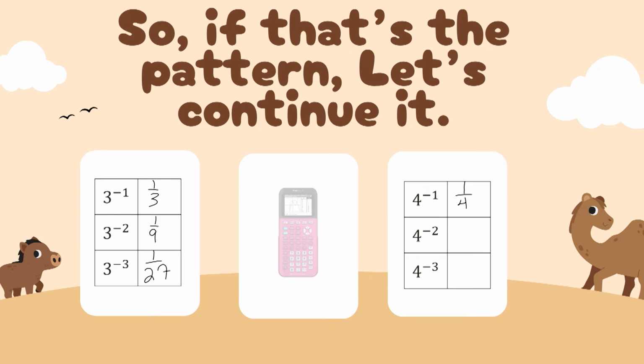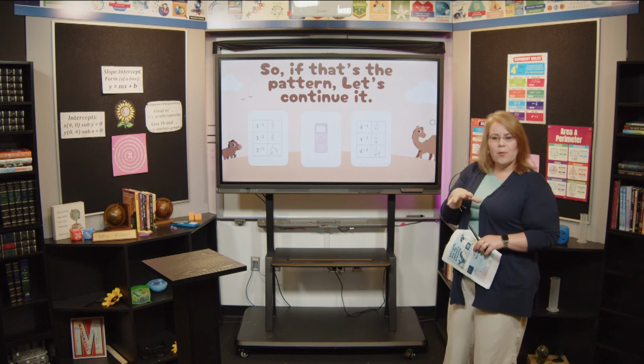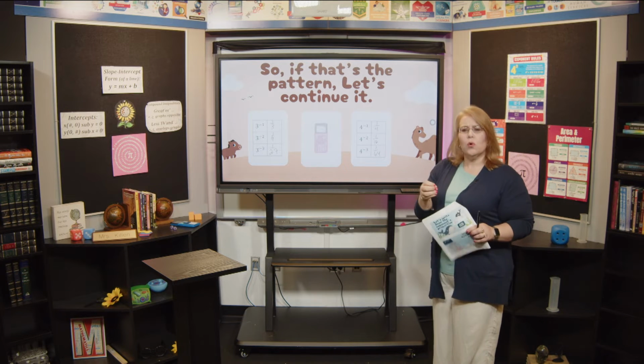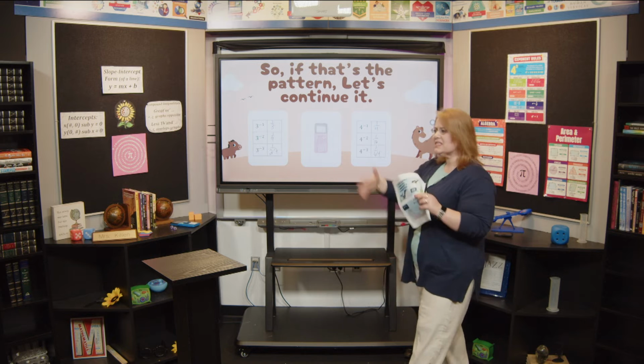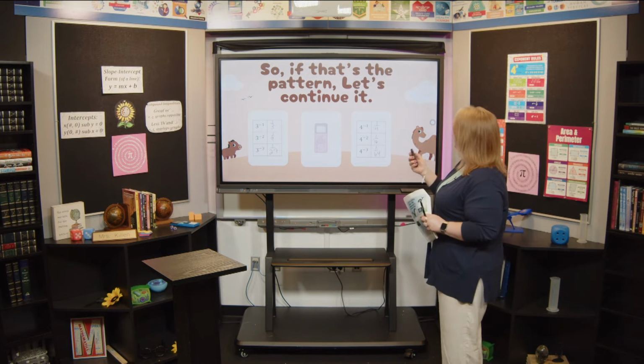So I get 1/4, 1/16, and 1/64. Does yours look like that? What about your table partners? Does theirs look like that? So could I make a rule that if I see something, this is what happens? What do you think that rule could possibly be?